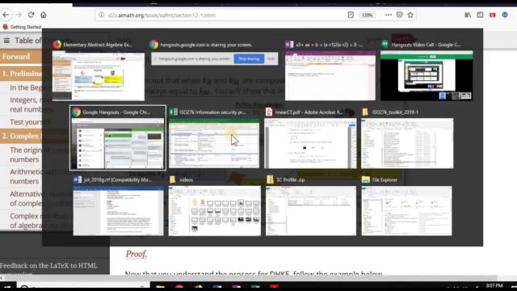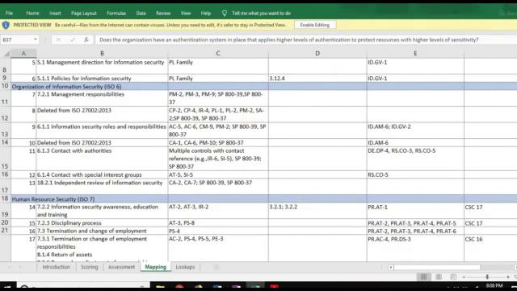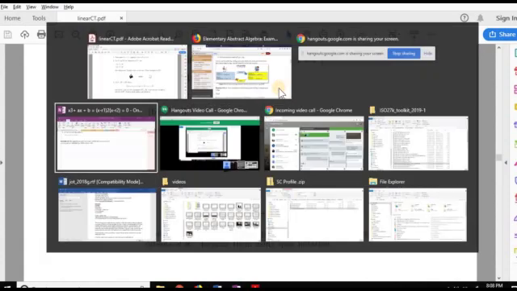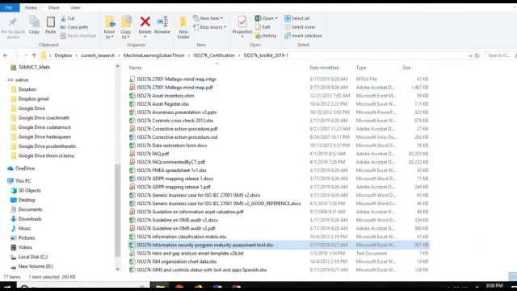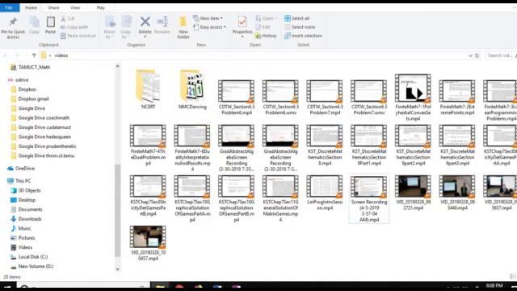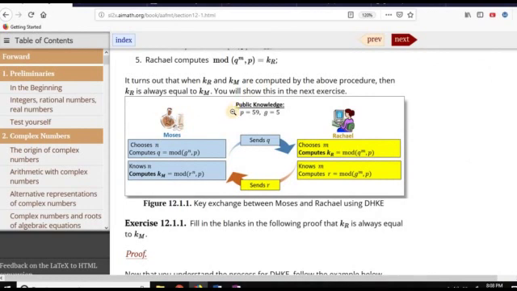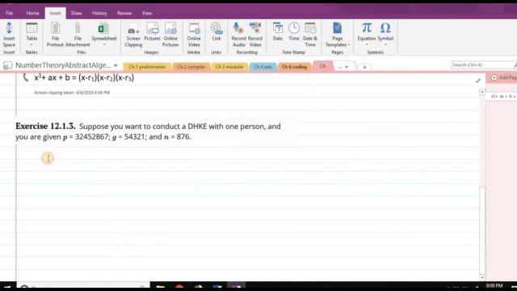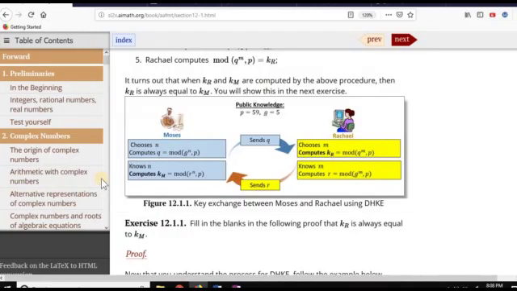Where's my OneNote? Let me close some other stuff. Maybe I'm choking it again. It's always good to close stuff if things aren't working. All right, so I copied this, and I'm going to paste it into my OneNote down here. It didn't paste, so I'm going to have to paste the screen clipping. There we are. Now I think we're rolling.